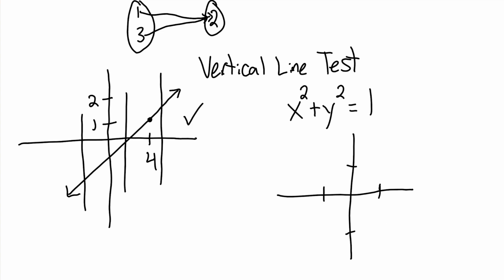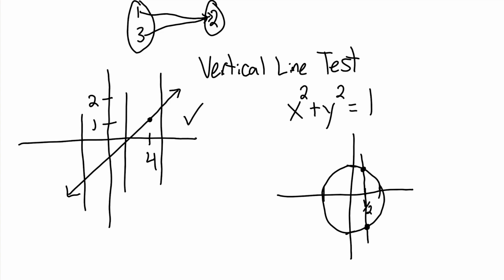So it's going to go out to 1 and -1 on both sides of the x and the y-axis. It's not drawn super well, but this is a circle with center (0, 0), radius 1. And we can see here that if we look at the point, maybe like 1/2, for example, and we draw a vertical line here, it's going to pass through 2 points.